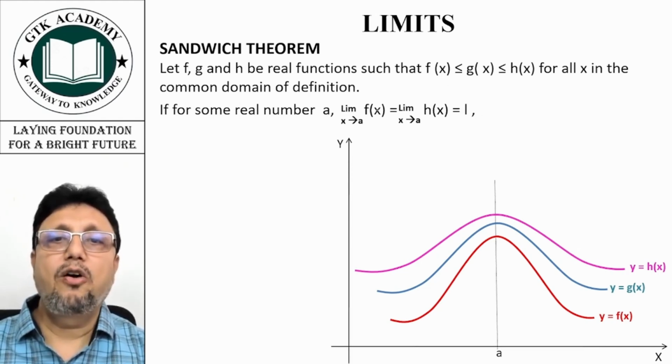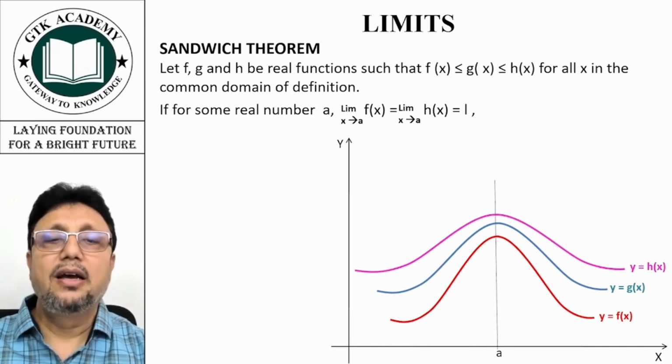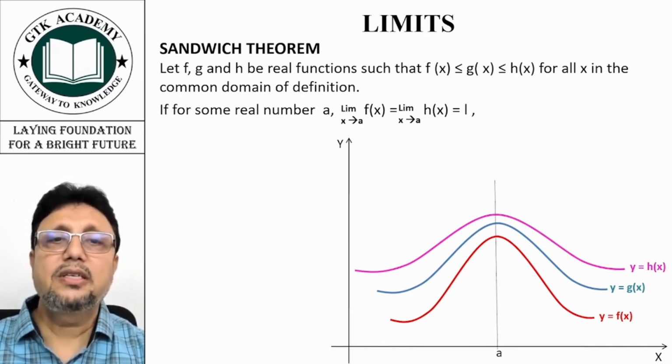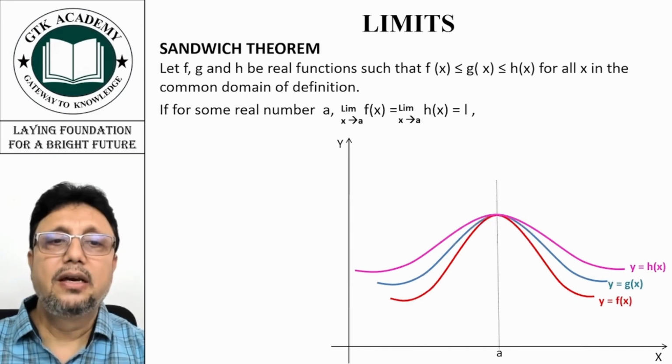If the limit of f(x), what is f(x)? f(x) is the smallest function, is equal to the limit of the greatest function, which is h(x), and both are equal to L at some point a. What does that mean?